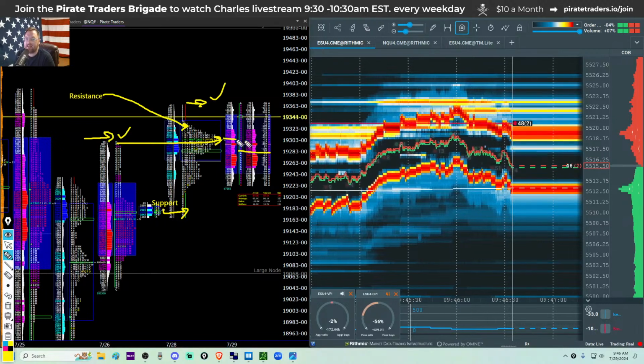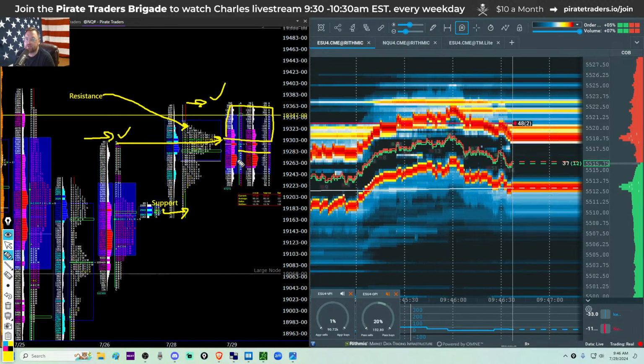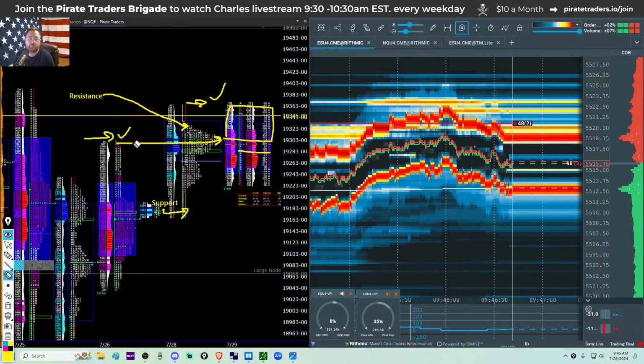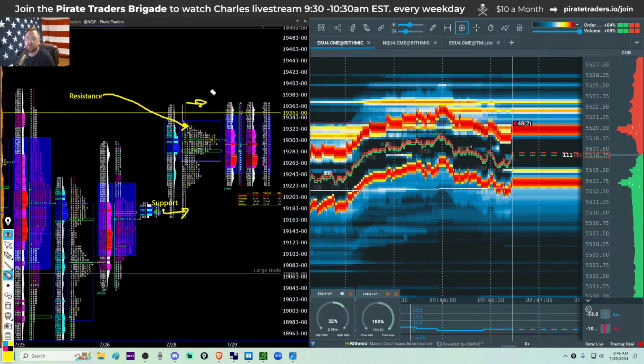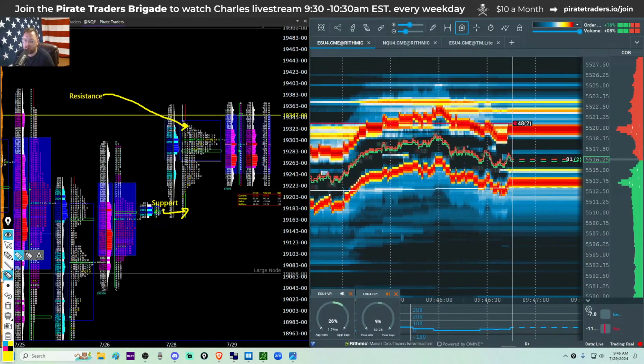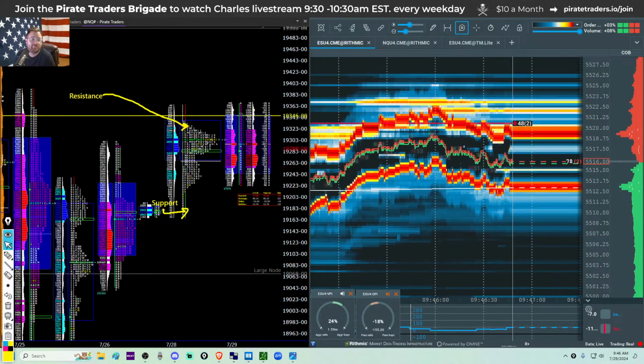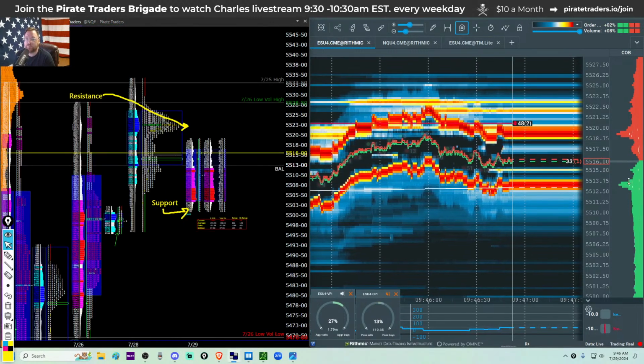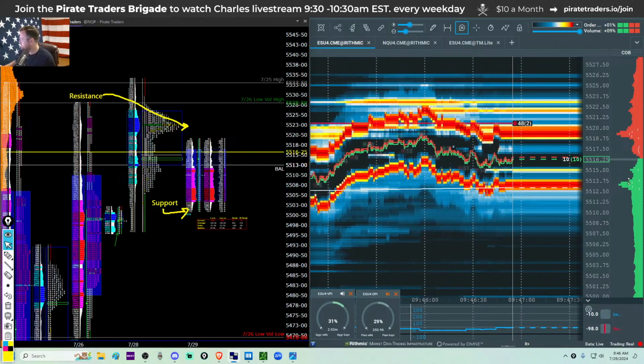At this point, any new buying in the Q is bullish. Can they hold Friday's high? While ES goes sideways.